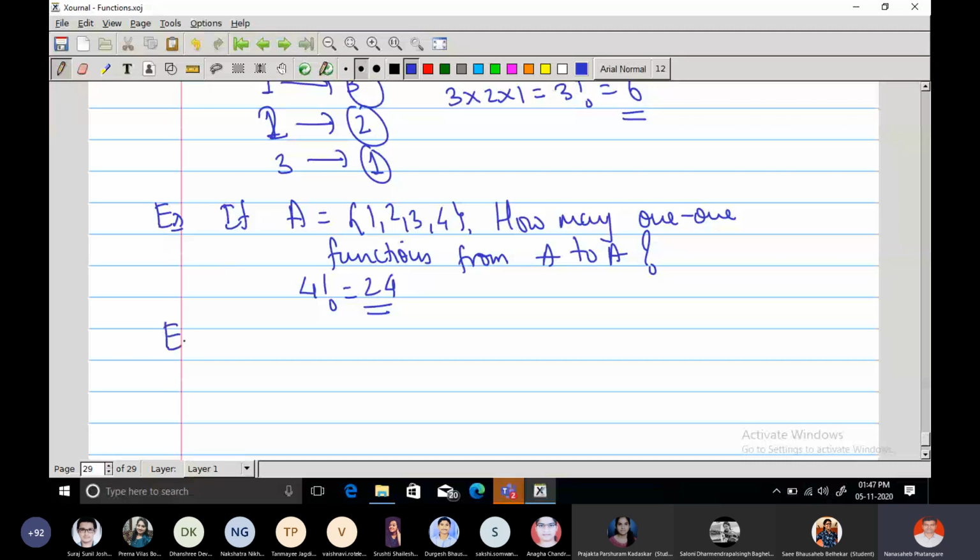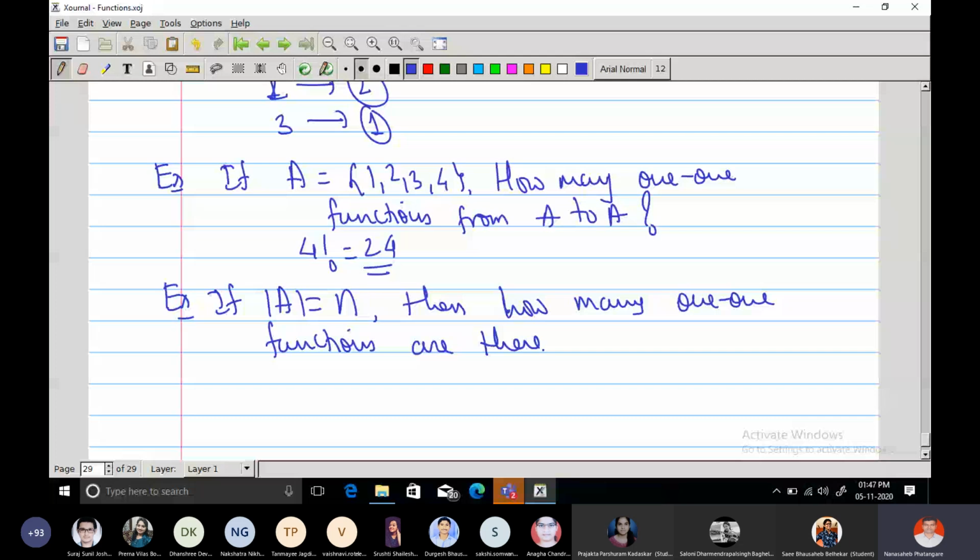So now I want to generalize. If the cardinality of A is n, right? Cardinality means the number of elements in set A. How many 1-1 functions from A to A? n factorial.